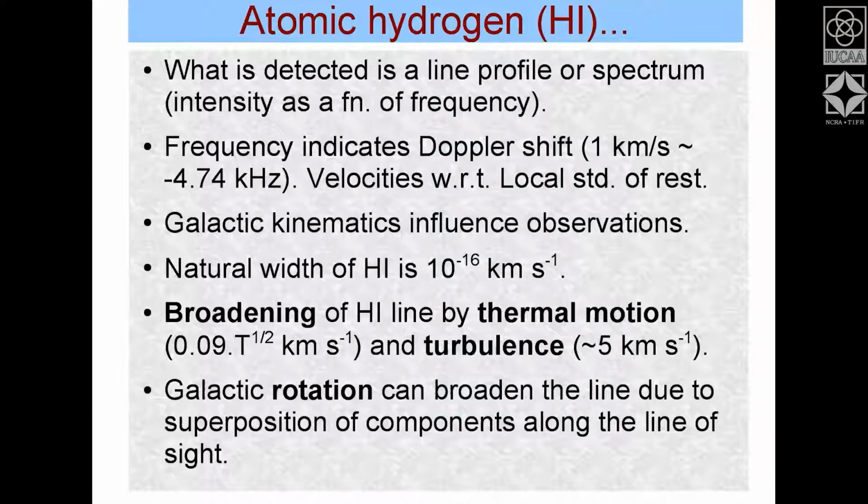Suppose you are measuring a gas whose temperature is 10 to the 4 Kelvin; then the square root of T is 100, so 0.09 times 100 becomes 9 kilometer per second. That is the theoretical line width for H1 gas whose temperature is 10,000 Kelvin.